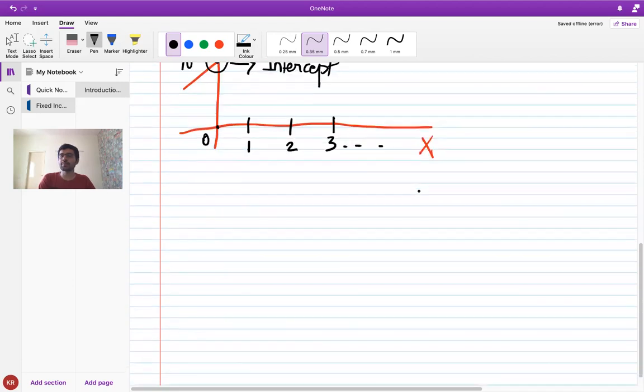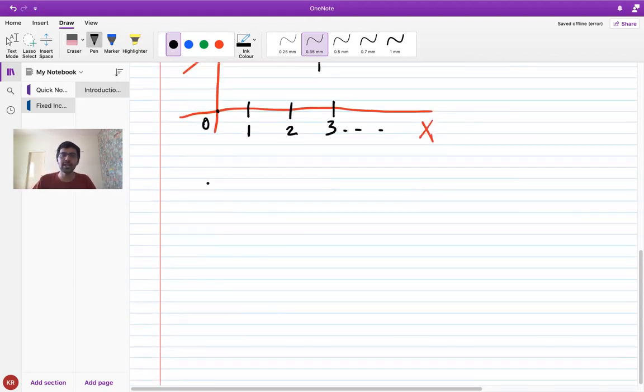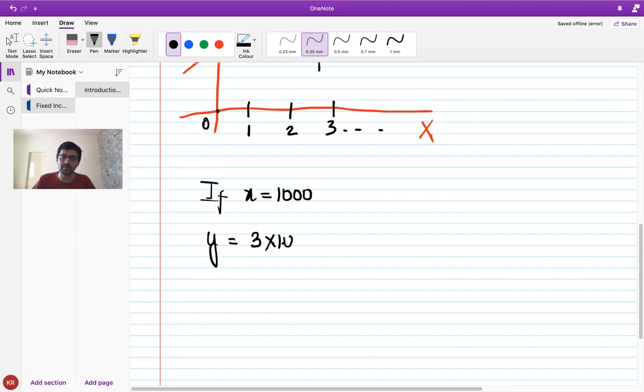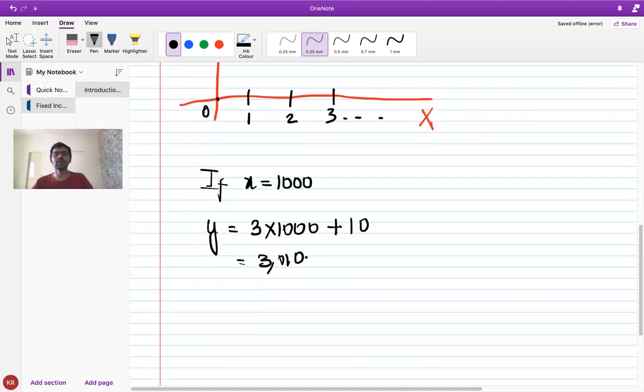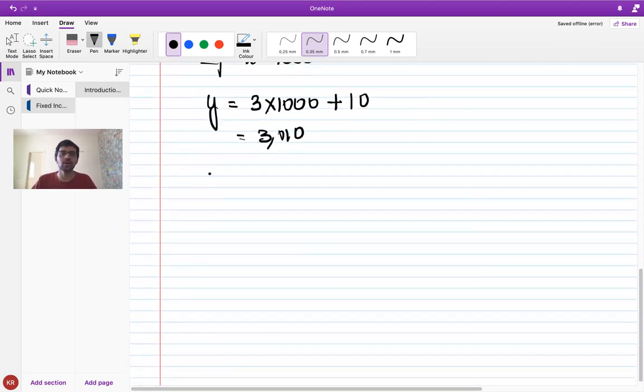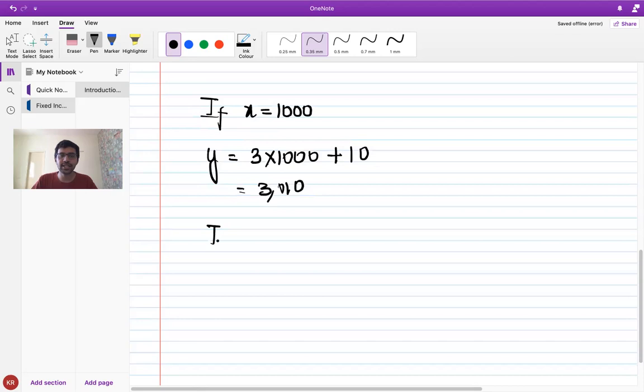For instance, what I'm trying to say is, let us say if x is equal to 1000, then the value of y is going to be 3 into 1000 plus 10, which is nothing but 3010. Right? Now, if x is now 1001, what I've done is I've increased the value of x by 1 unit.